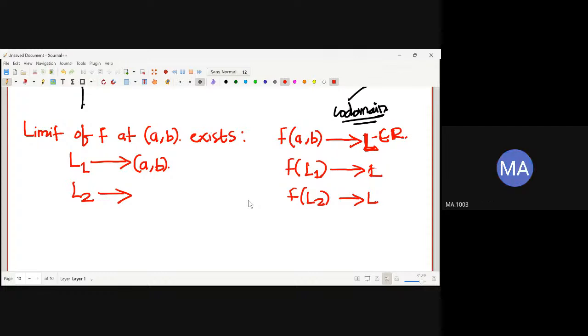So when can you say that the limit doesn't exist? It's really easy.